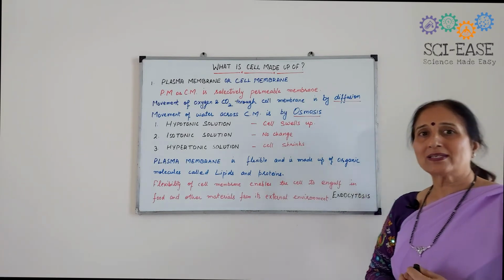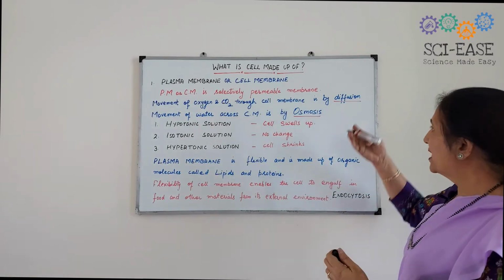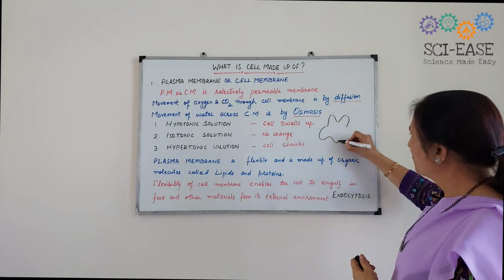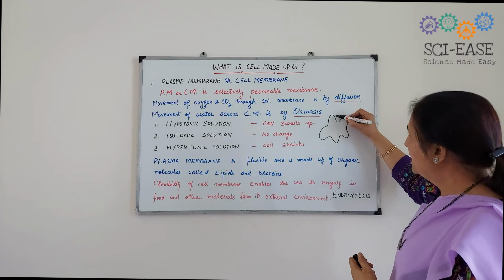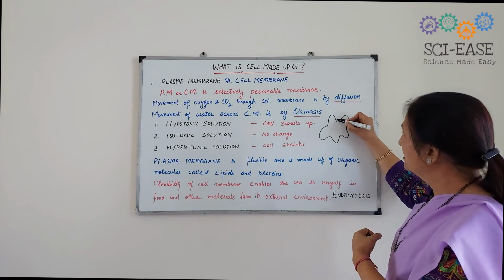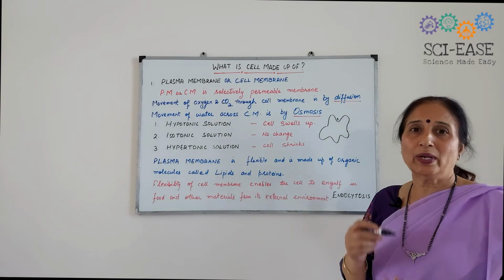This process is known as endocytosis. You know the case of amoeba. These are the pseudopodia, and here it will engulf the food particle. This is by the cell membrane only.